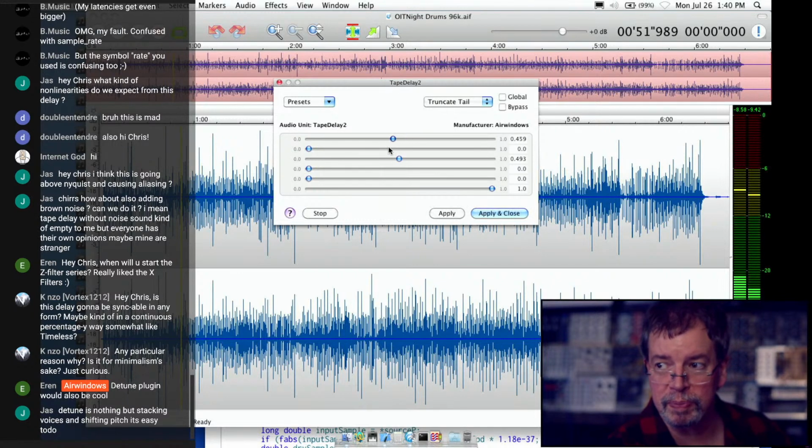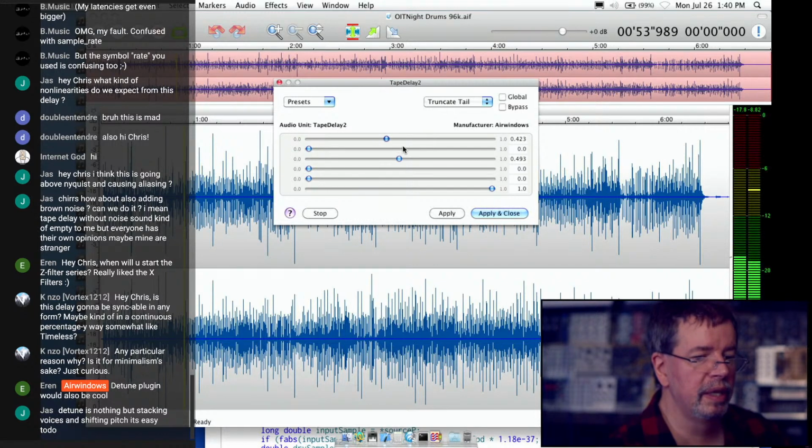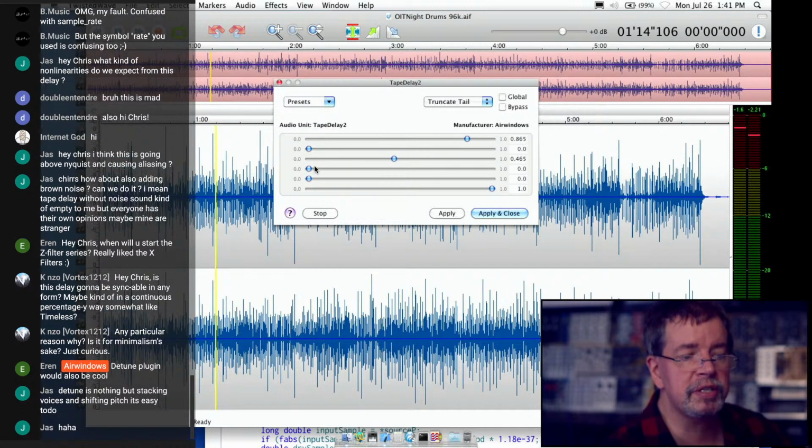Here's a variable speed tape head. Here's our regeneration. Here is the frequency, which is dependent upon the resonance.